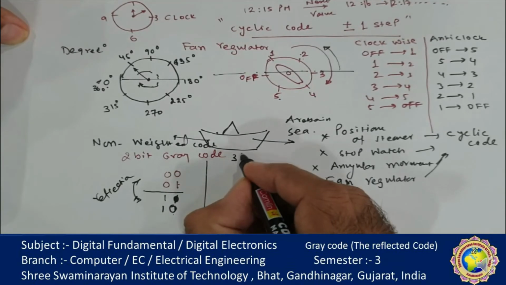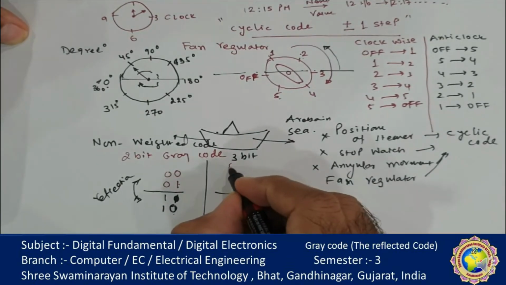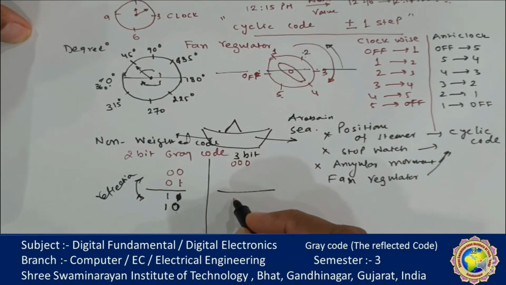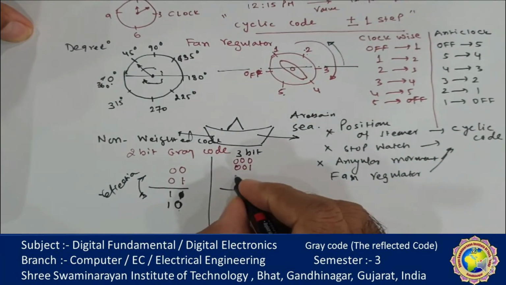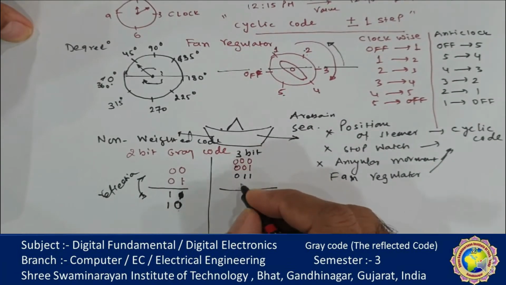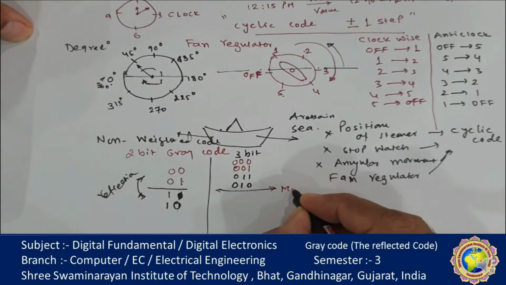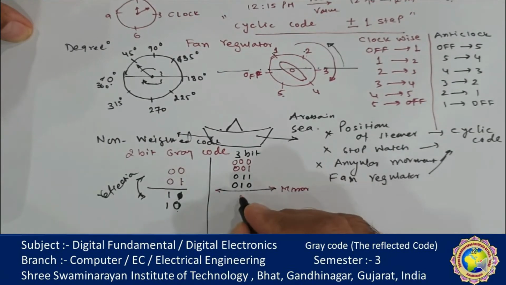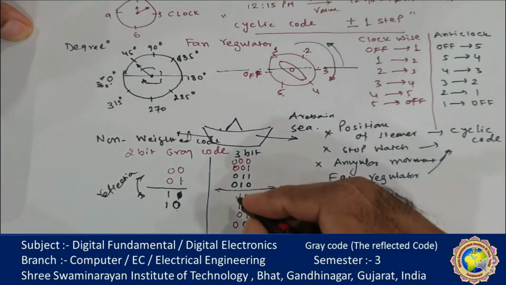Let's take 3-bit. The first number is 0, 0, 0. Then 0, 0, 1. Next is 0, 1, 1, then 0, 1, 0. If I put a mirror here, what will be the reflection? 1, 1, 0, then 1, 1, 1, then 1, 0, 1 and 1, 0, 0, and the MSB is 1.